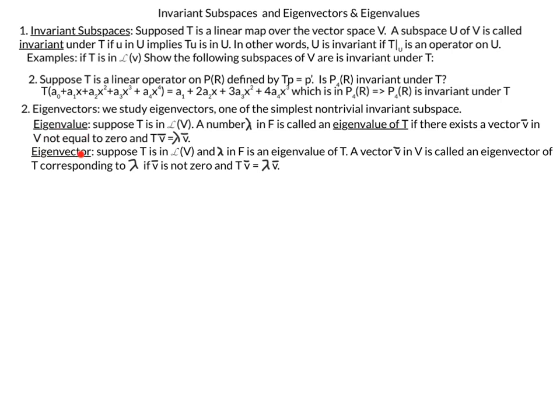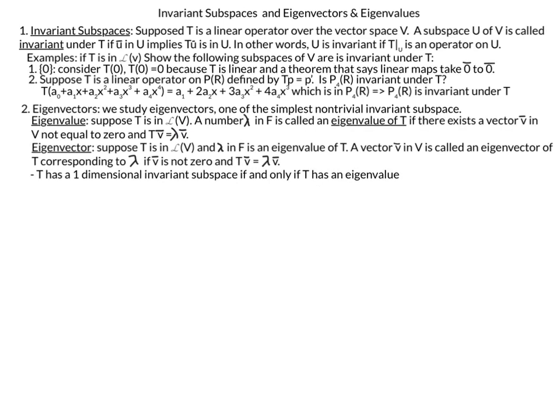Lambda's corresponding eigenvector then: suppose T is a linear operator on V and lambda in F is an eigenvalue of T, any vector v in the vector space V is called an eigenvector of T corresponding to lambda if v is not 0 and Tv equals lambda v. And from our previous example that motivated the eigenvector eigenvalue discussion, we have T has a one-dimensional invariant subspace if and only if T has an eigenvalue.